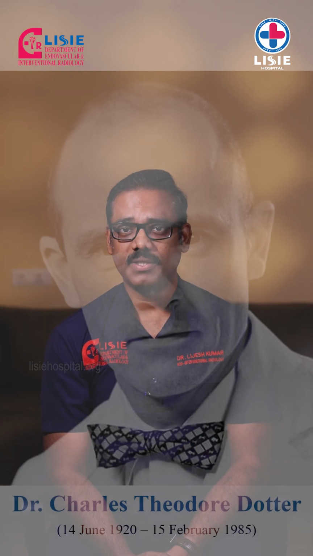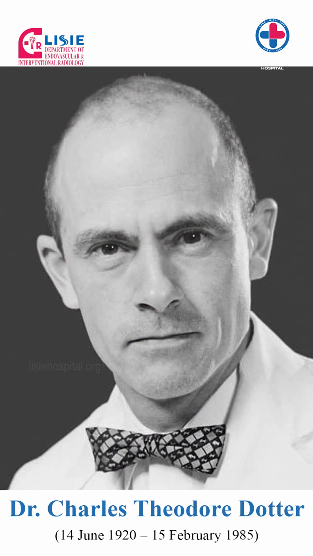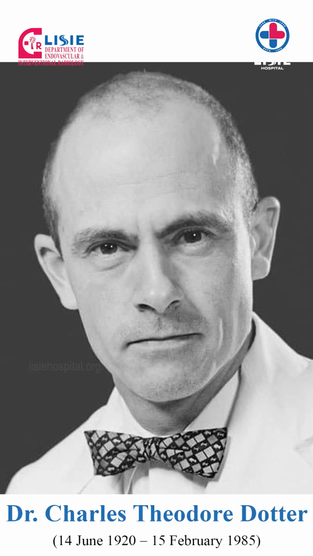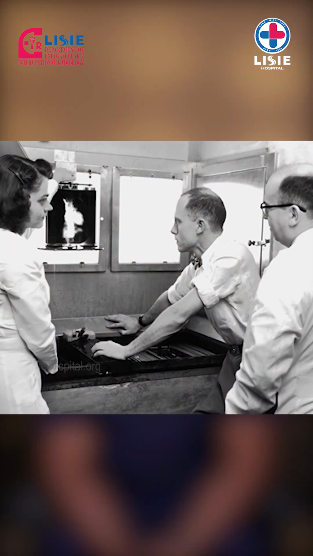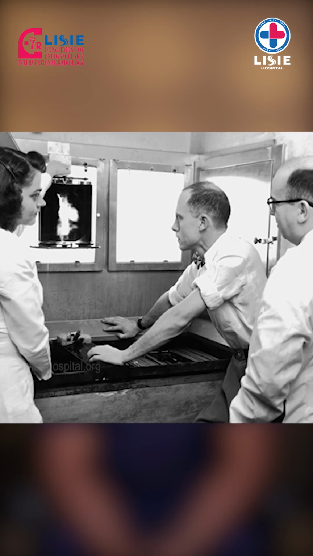It's an interesting story, actually. There was a great scientist, a very famous interventional radiologist, who is considered the father of interventional radiology. He had an idea long back in which he conceptualized that he could open up blocked arteries using nothing but catheters and something known as dilators at that time.